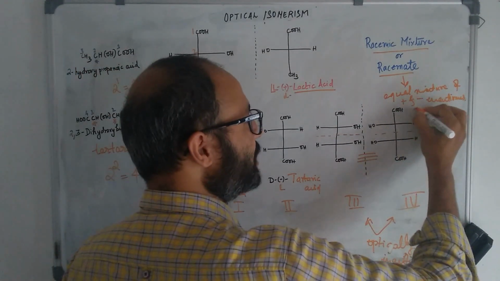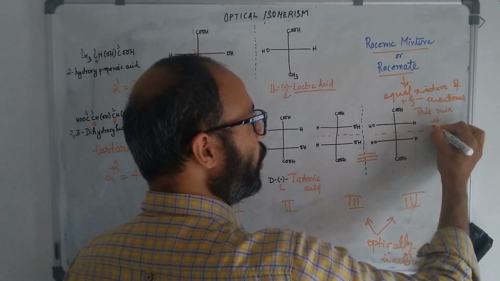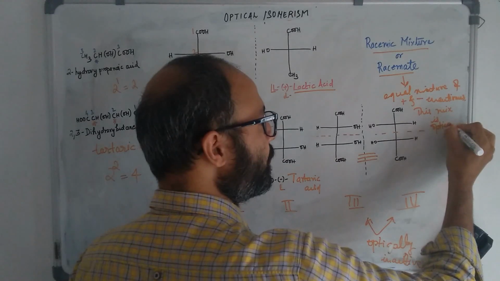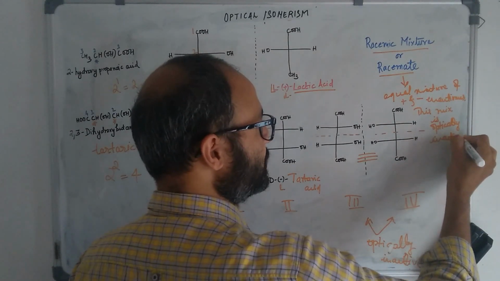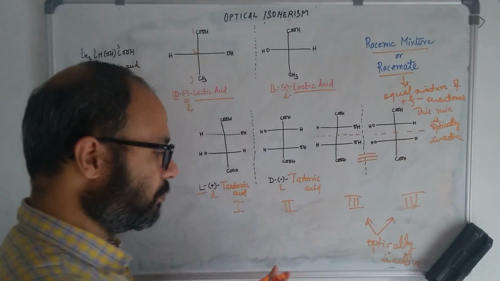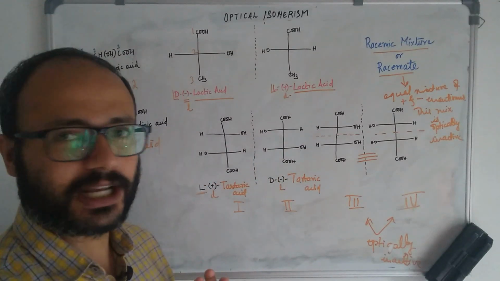And this mixture is optically inactive because they contain equal amounts of both the dextrorotatory and the levorotatory isomers.